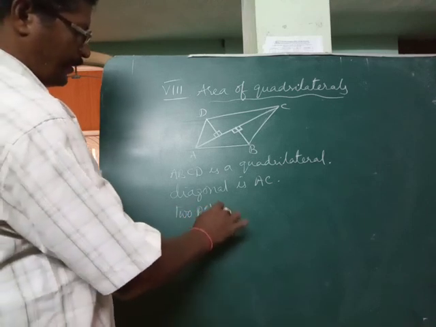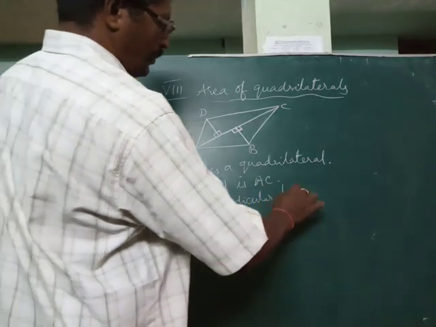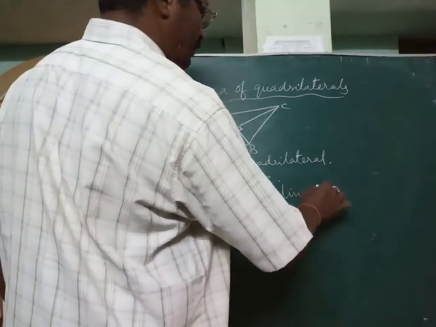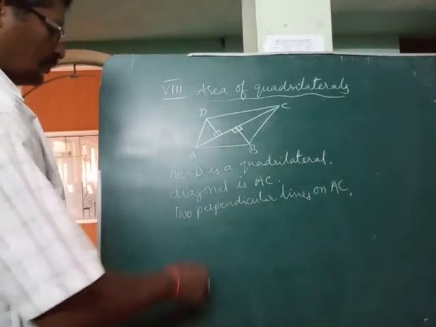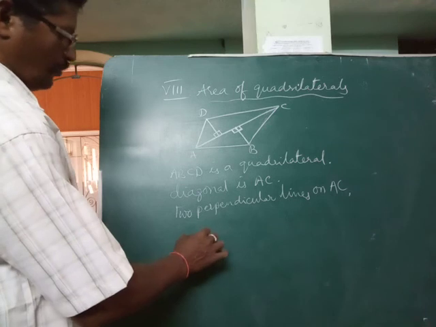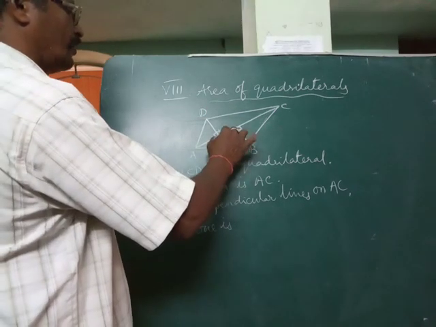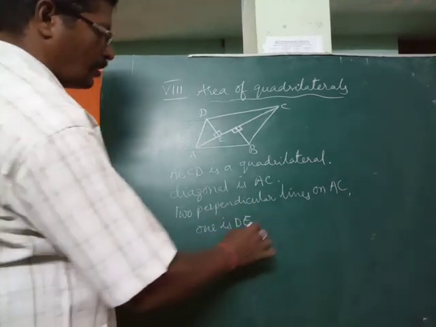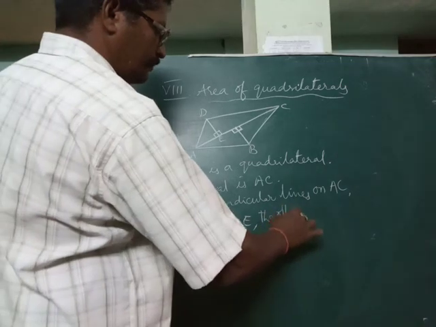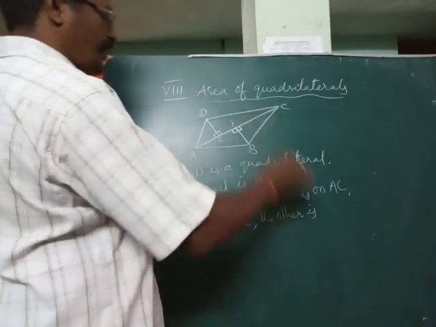Two perpendicular lines on AC. One is DE. The other is BF.